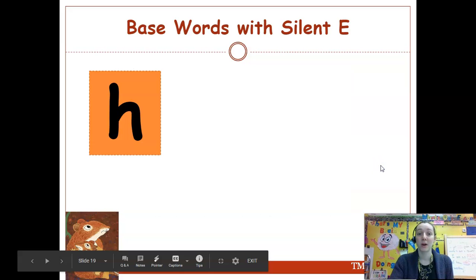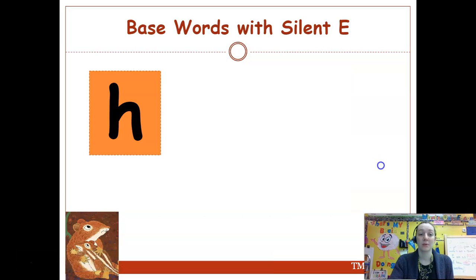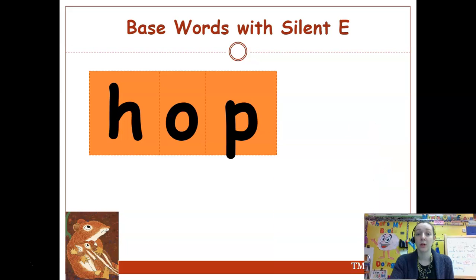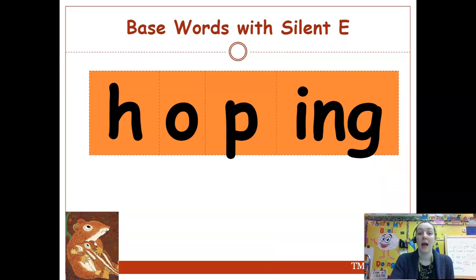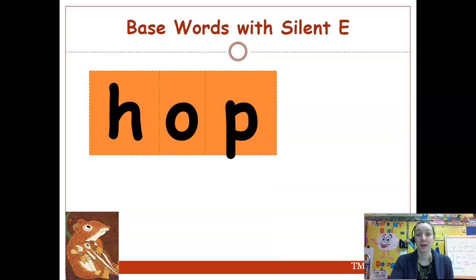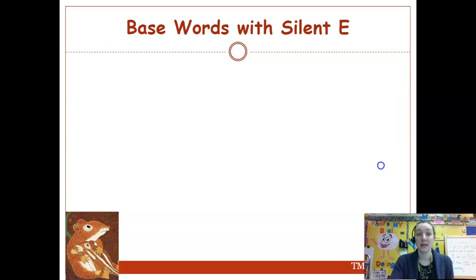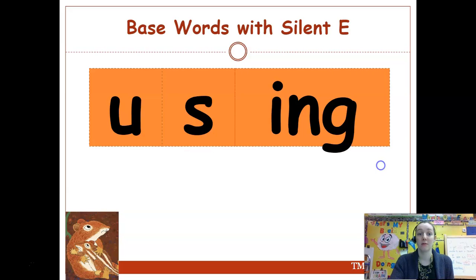All right, so let's break some apart and see how we would sound them out. So we have hope, drop that E, as you can see, add that ing, hoping. And drop that E, hoped. So with silent E, you drop that E. So we have using.